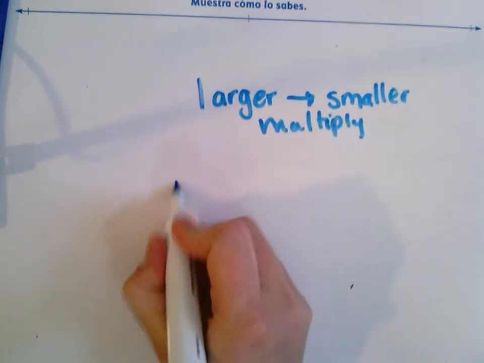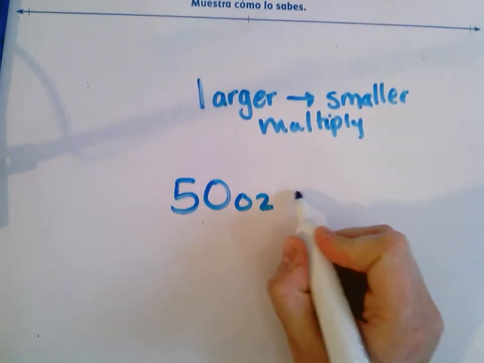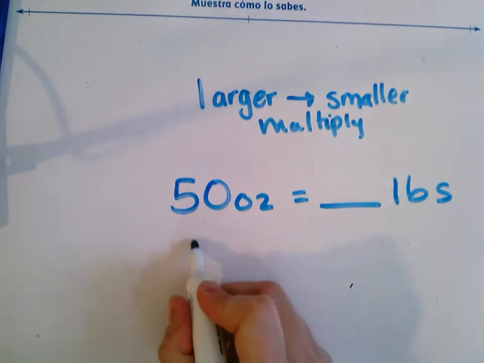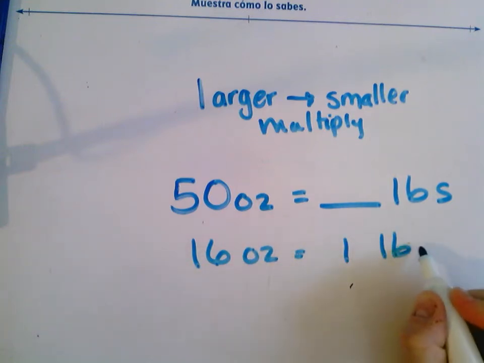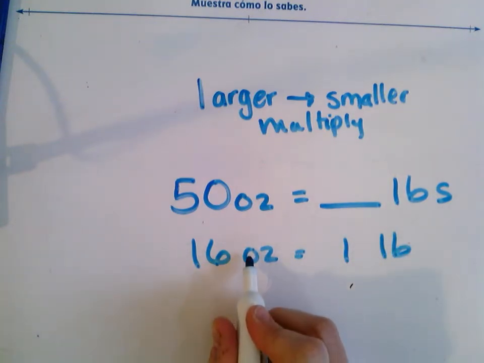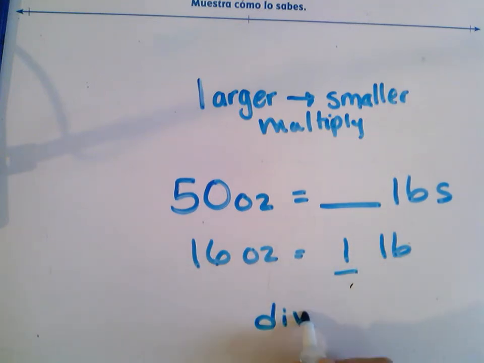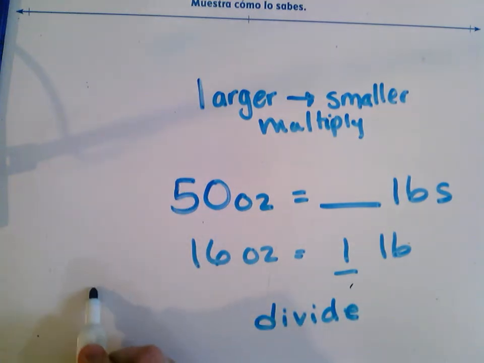All right, let's try one more. What if I had 50 ounces and I wanted to turn it into pounds? So again, 16 ounces is equal to 1 pound. I'm going from my smaller unit to my larger unit, so I'm going to divide. Divide 50 by 16.